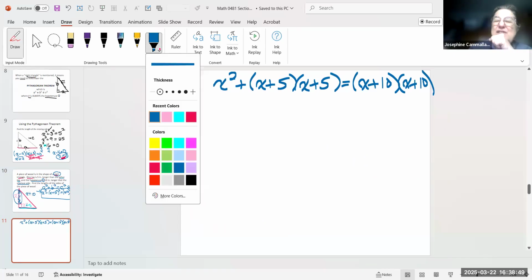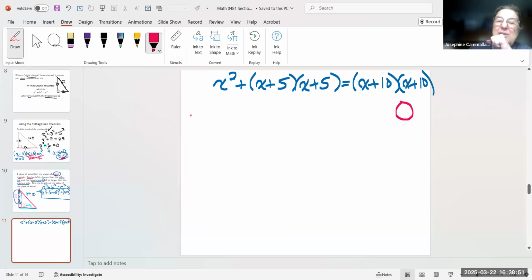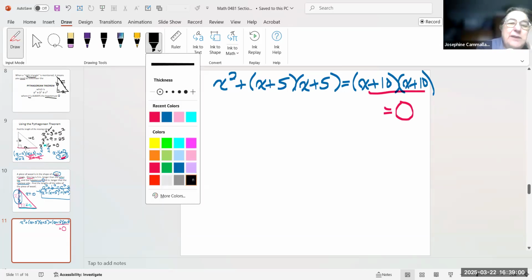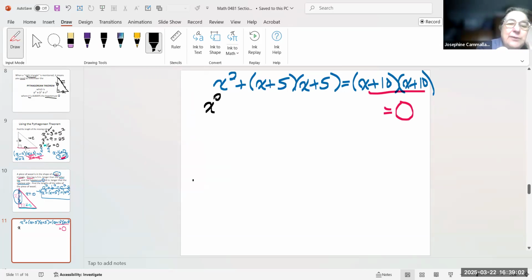To solve this, I've got to get 0 on one side. This term, okay, this is going to become x squared plus x plus 5 times x plus 5.